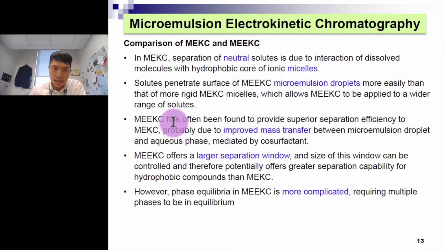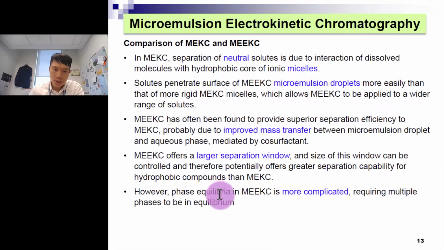With the extra E, MEEKC has a more superior separation efficiency, most likely due to improved mass transfer between the microemulsion droplets, because now we have co-surfactant mediation. MEEKC also offers a larger separation window, and the size of this window can be controlled. Therefore, potentially, we have better separation peaks compared to MEKC.